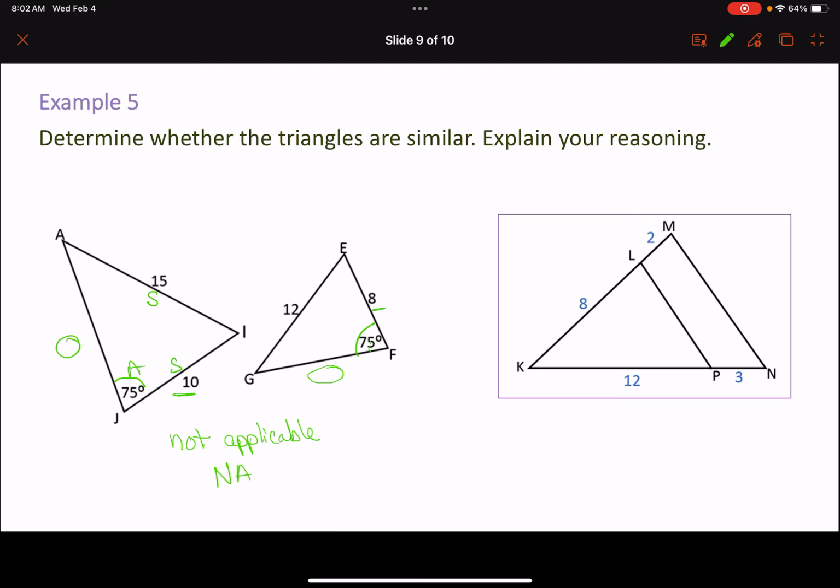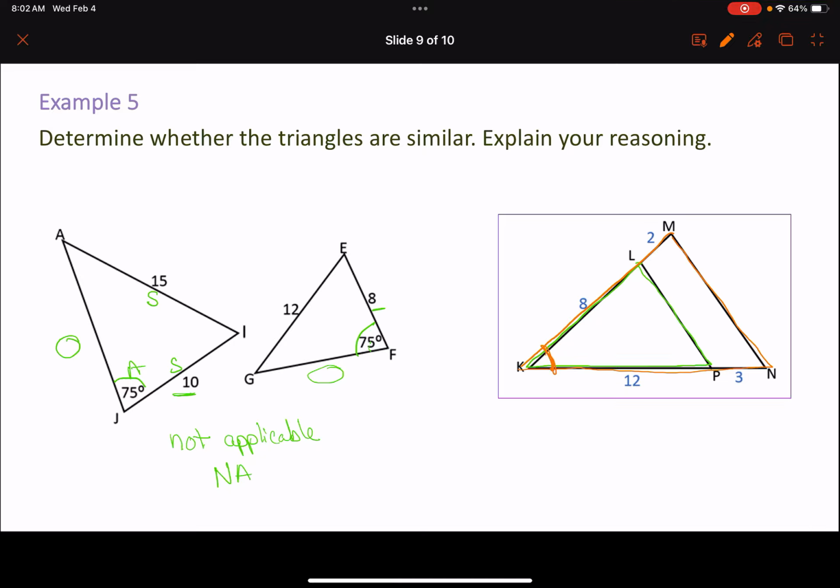In our second example, though, we don't know that these lines are necessarily parallel, but we do have two triangles. We have a small triangle, I'm outlining in green, and a larger triangle that I am outlining in orange, and the angle K is being outlined by both of those. So angle K is in both triangles.